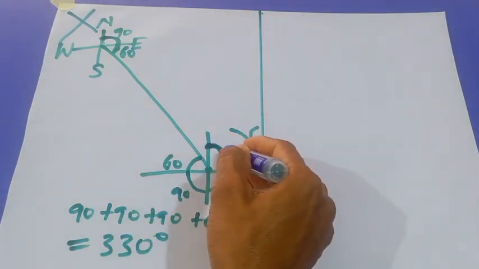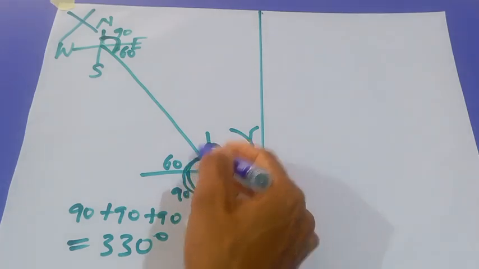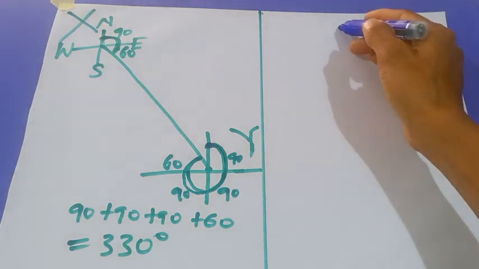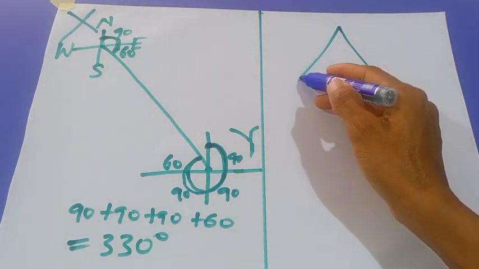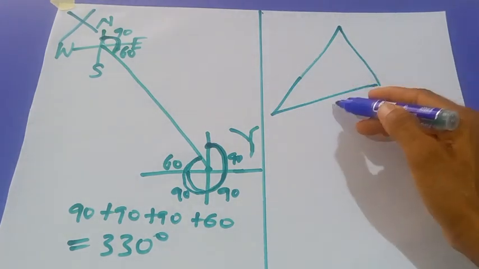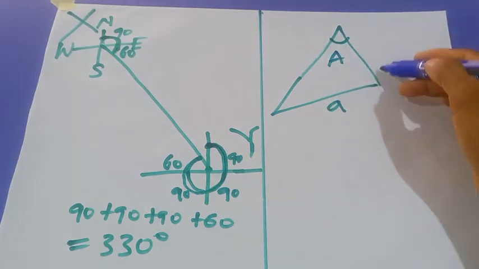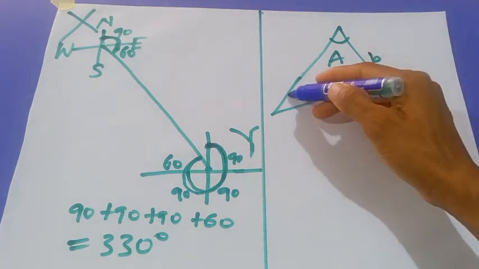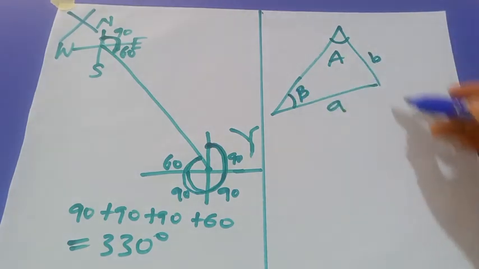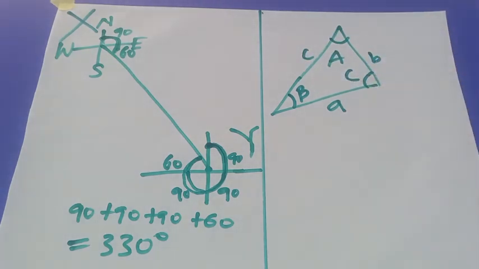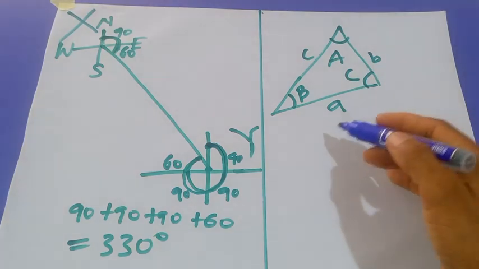Remember, we started from this point to rotate to the point where we have x. Once you know how to draw your diagram, all you have to do is to apply sine and cosine rule. Let me remind you of this. Let's say you have something where this side is A, the angle facing it is A. If this side is B, the angle facing it is capital B. If this side is C, the angle facing it is capital C. So you can apply cosine rule.